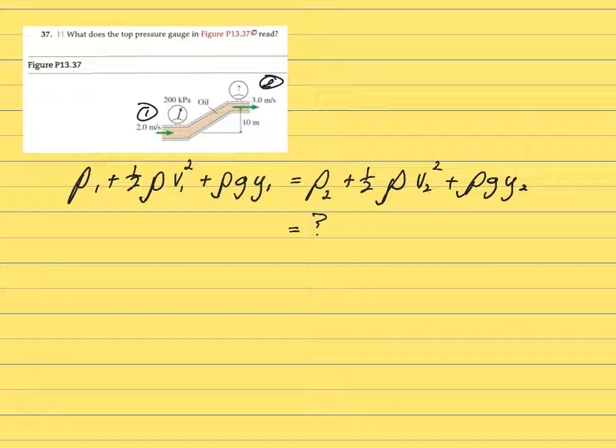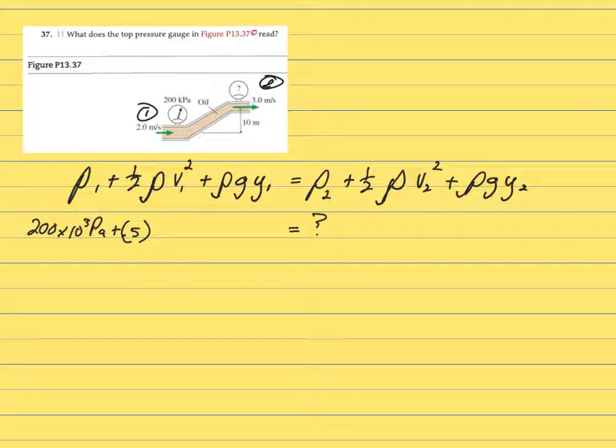The pressure here is 200 kilopascals. I'm going to say 200 times 10 to the 3 to take care of the kilopascals and turn that into pascals, plus 0.5 multiplied by the density of this stuff. And I think they told us the density.